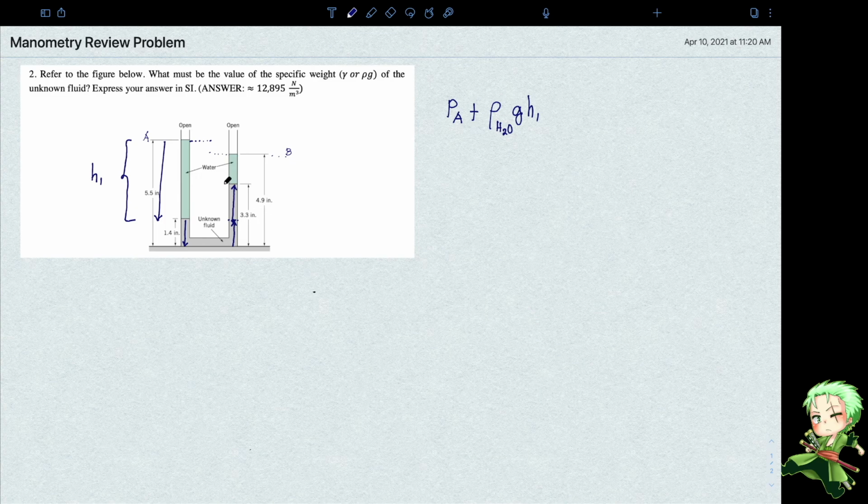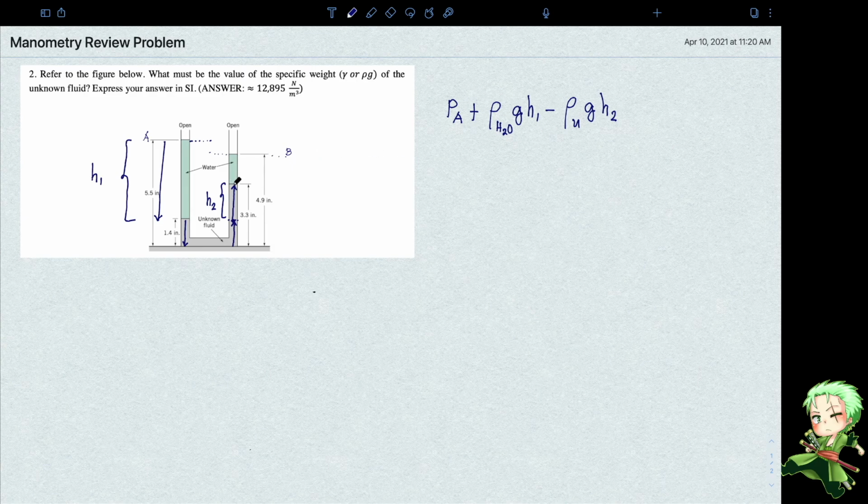I will label this as my height 2. So I will have then, since I'm going up, a decrease in pressure, so minus the density of U, meaning the unknown fluid, times g, and then height 2.